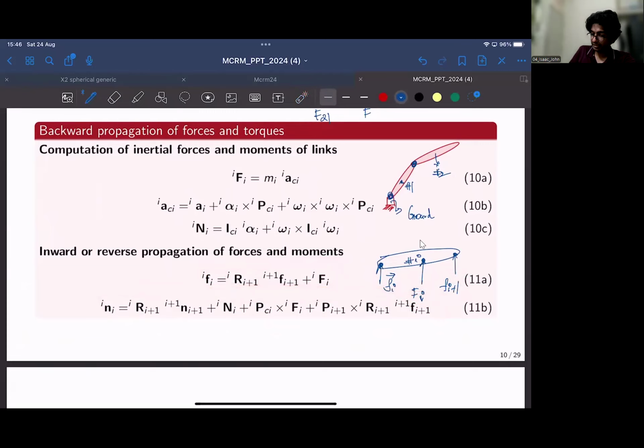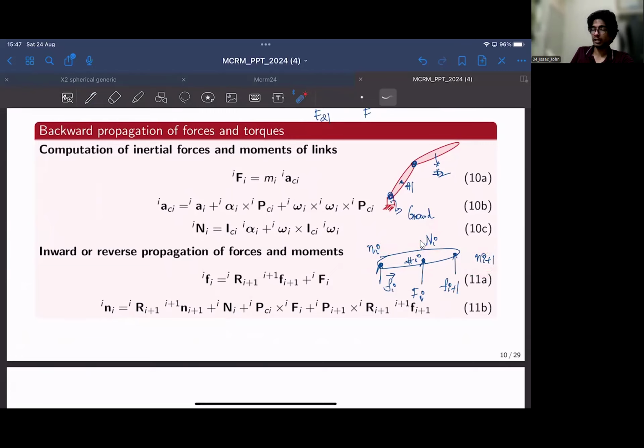For example, if there is a moment ni at the proximal end of the link and ni plus 1 as the moment at the distal end, and you also have capital Ni as the inertial torques and moments. If you take the sum of moments about the proximal point, the net moment ni would be due to the contribution of the inertial moment, plus the moment ni plus 1 at the distal end of the link.